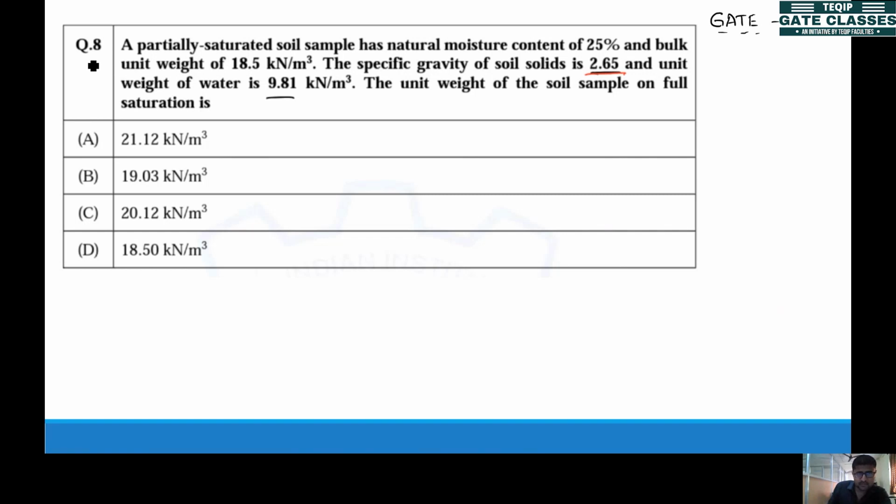Okay, let's see the question now. A partially saturated soil sample has a natural moisture content of 25%. Moisture content means water content was given to us.